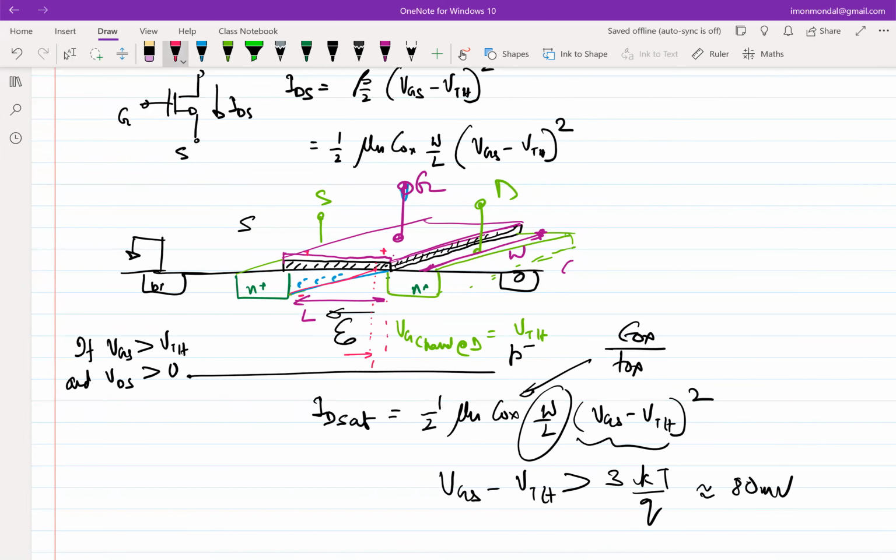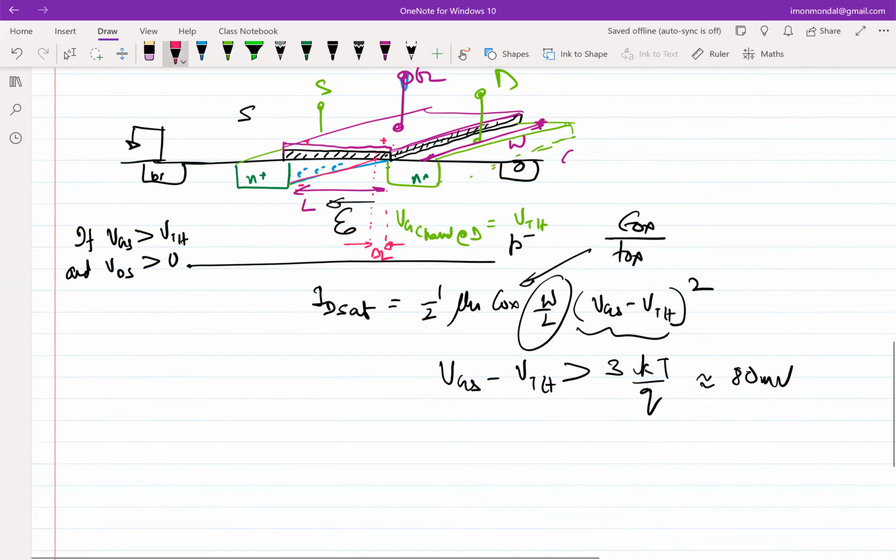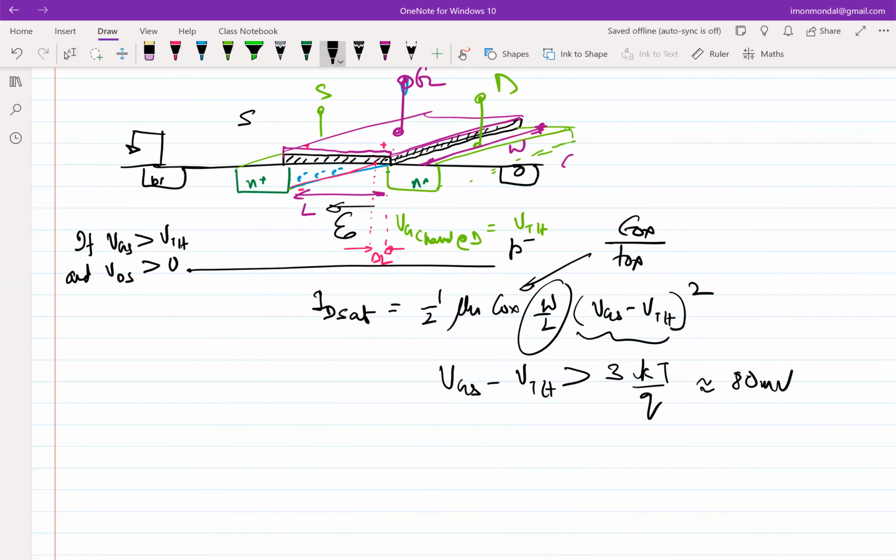Let's say it is reduced by delta L, correct? So clearly delta L is a function of VDS. In the absence of anything, I can say that it's a nonlinear function of VDS, right? It's there.